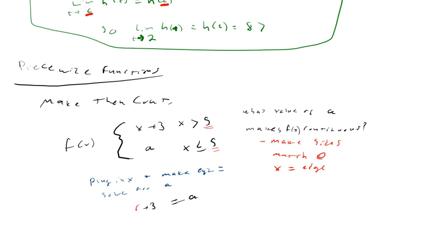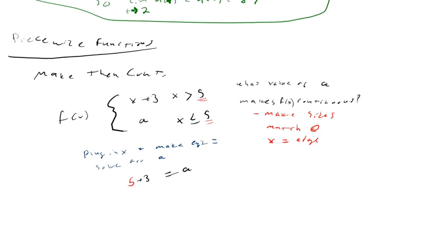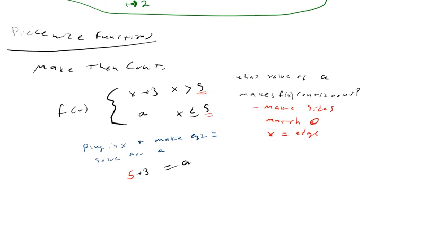I make the two sides equal each other. 5 plus 3 has to equal a. And so that means that a has to equal 8. And if a was equal to 8, that would be the number that would make this graph continuous. That would make them match.